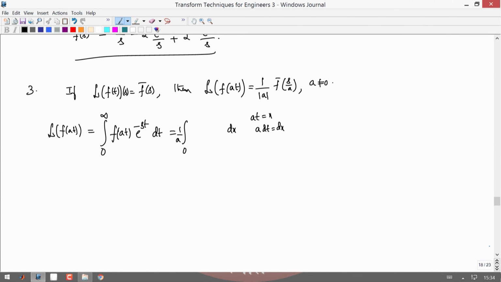When you put t equal to 0, x is 0. When you put t equal to infinity, x is infinity only if a is positive.